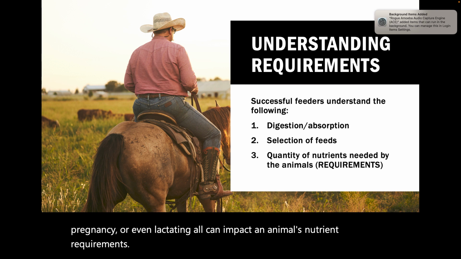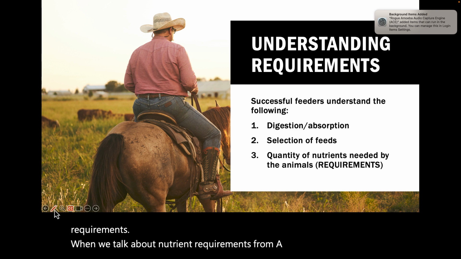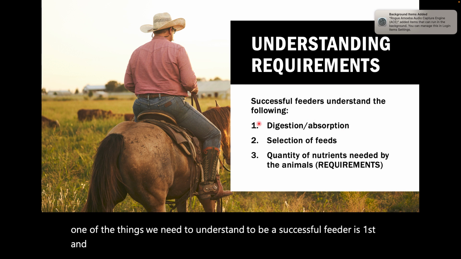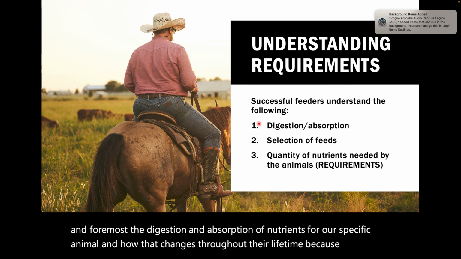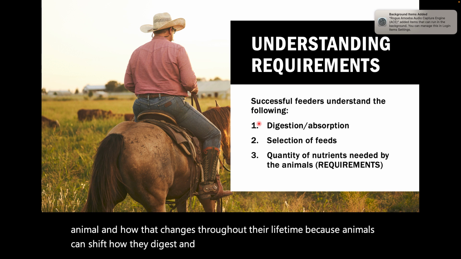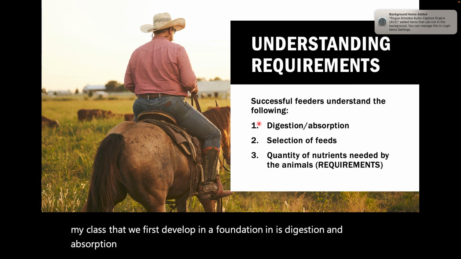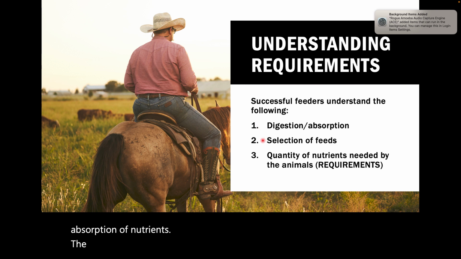When we talk about nutrient requirements from a livestock perspective, one of the things we need to understand to be a successful feeder is first and foremost the digestion and absorption of nutrients for our specific animal, and how that changes throughout their lifetime, because animals can shift how they digest and absorb nutrients. So now, one of the things in my class that we first develop a foundation in is digestion and absorption of nutrients. The second element that we discuss is selecting an appropriate feed.